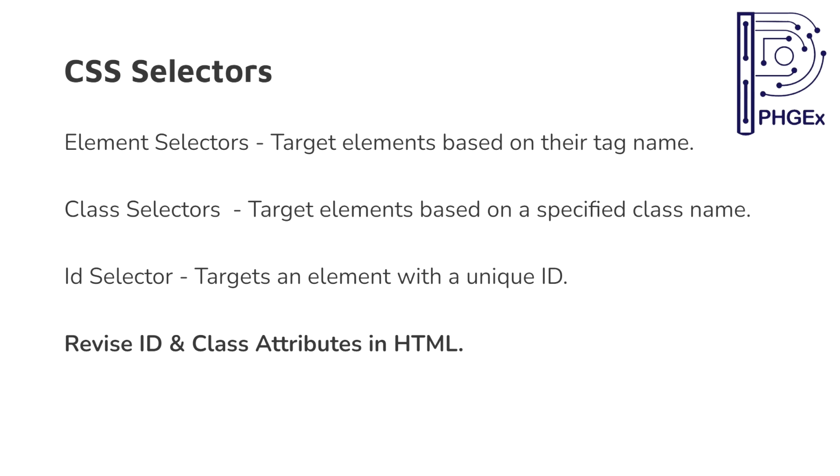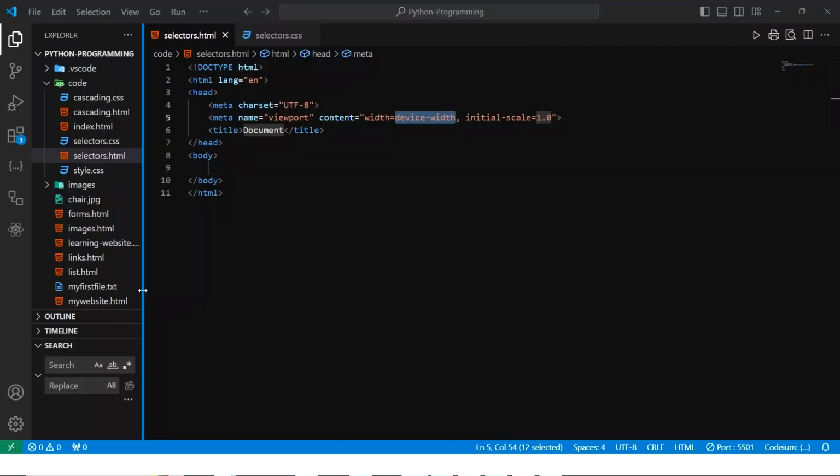And now we are going to take a look at all these selectors practically. So let us open our Visual Studio and then look at how all these selectors work. We have our Visual Studio opened and we've created an HTML file called selectors.html and then a CSS file also called selectors.css.